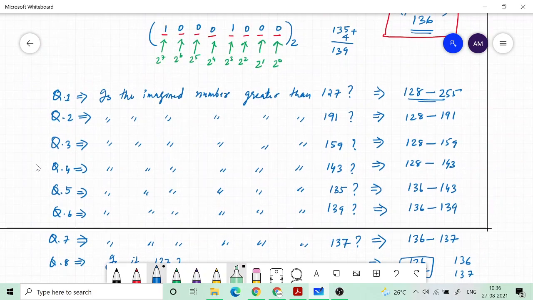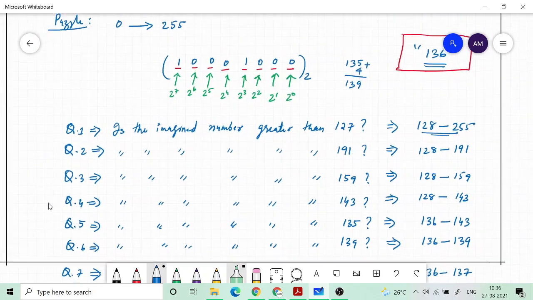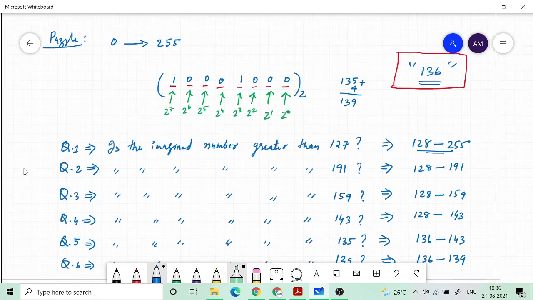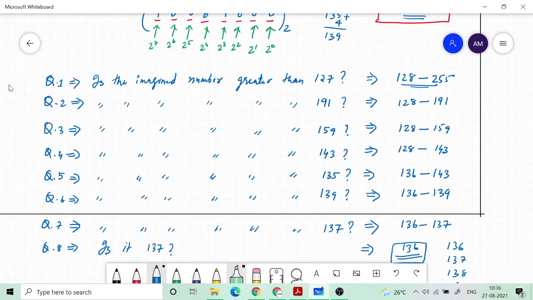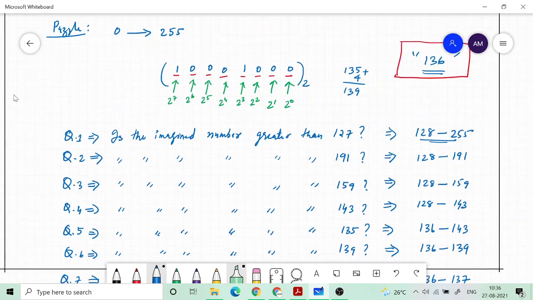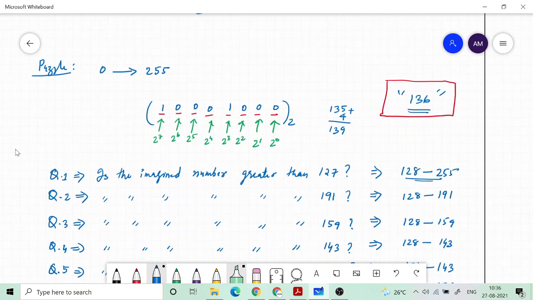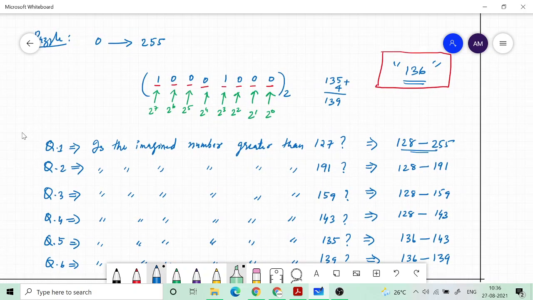Just 8 questions are required to find out. 8 yes or no questions are enough to find out the number from 0 to 255. So in other words, we can say that the amount of information required to find out that number is basically 8 bits of information. Okay, all right, I will stop here.